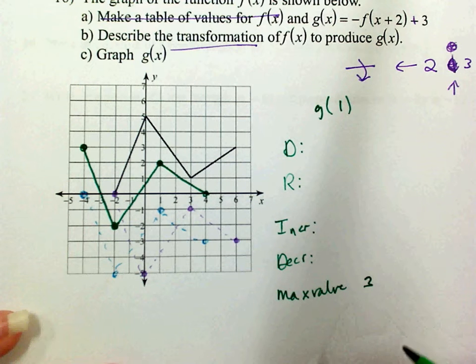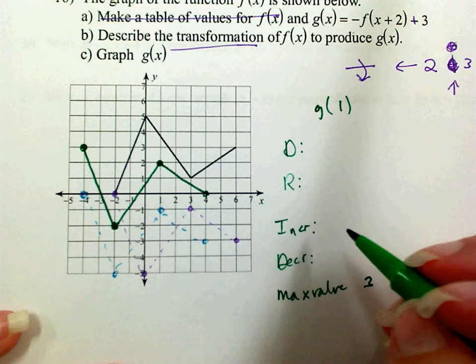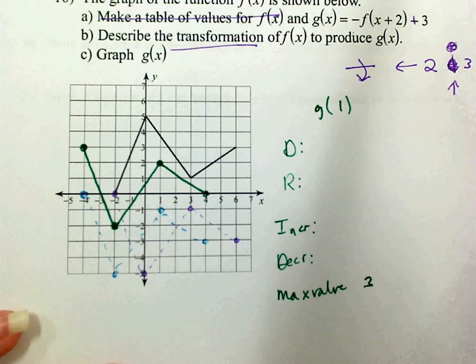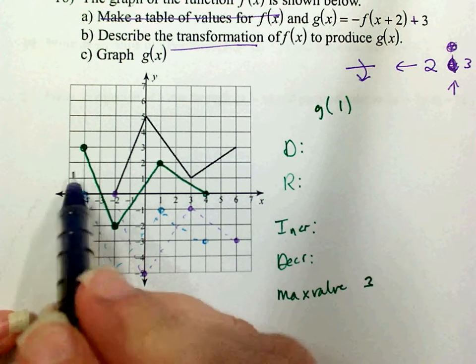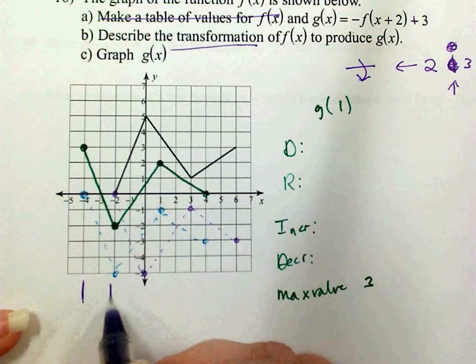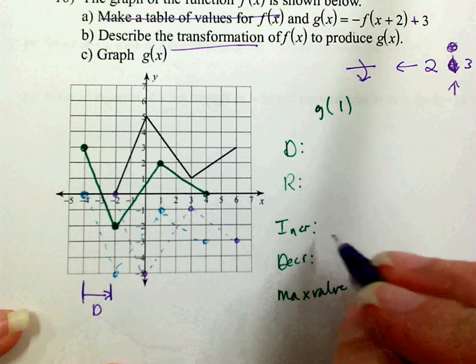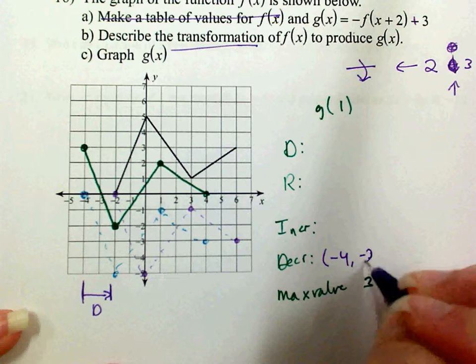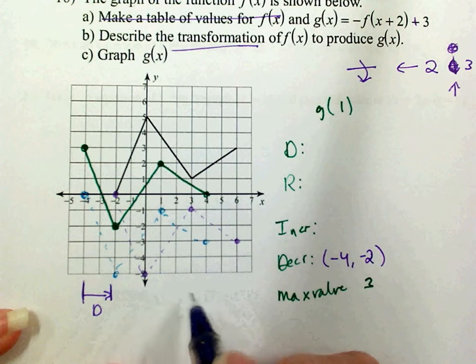Right. Increasing, decreasing. So what am I doing first? Increasing or decreasing? From negative 4 to negative 2. If you think about on the bottom right here, breaking it up, then you won't try and use the y value. So from here to here I'm what?